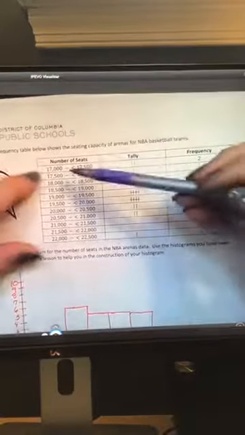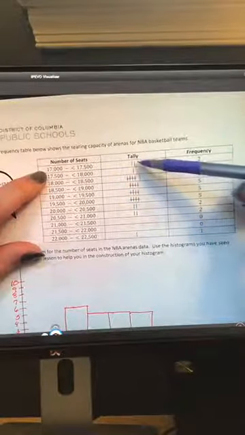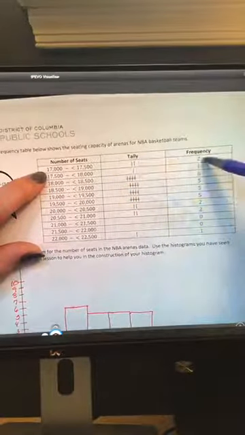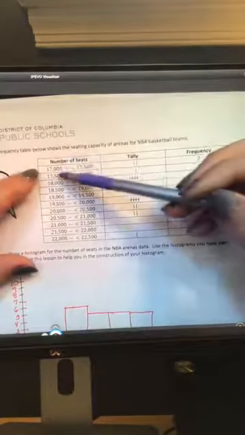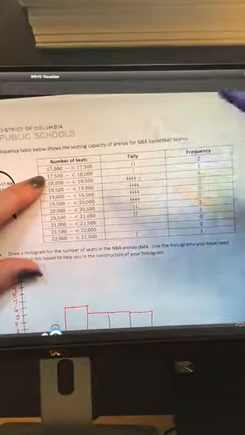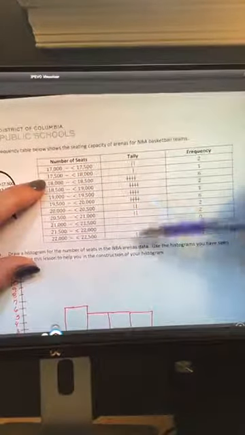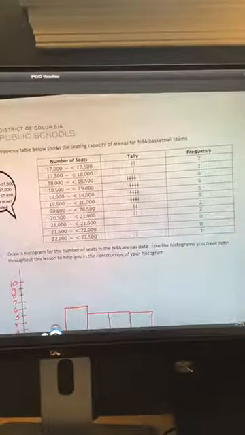Okay, so for example, 17,000 to 17,500, there's 2 arenas that hold that many people. 17,500 to 18,000 holds 1. 18,000 to 18,500, there's 6, and so on.